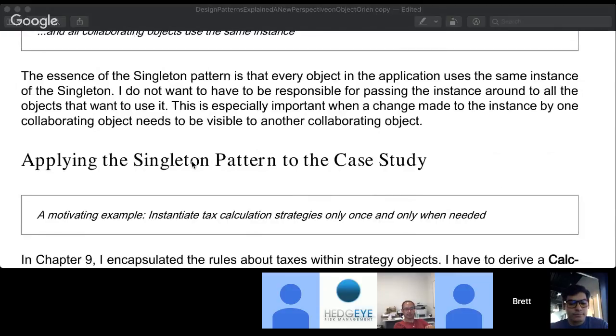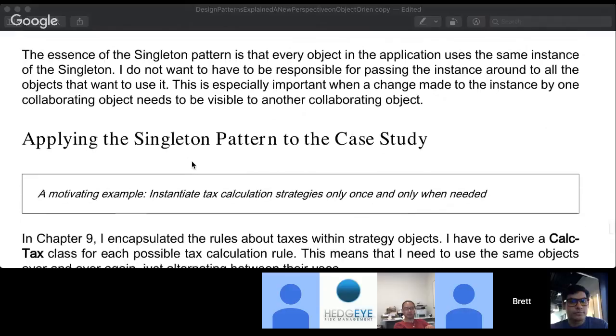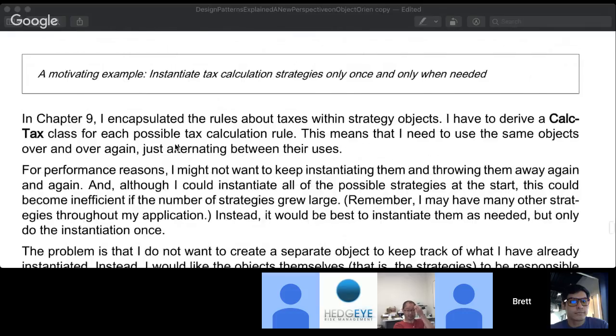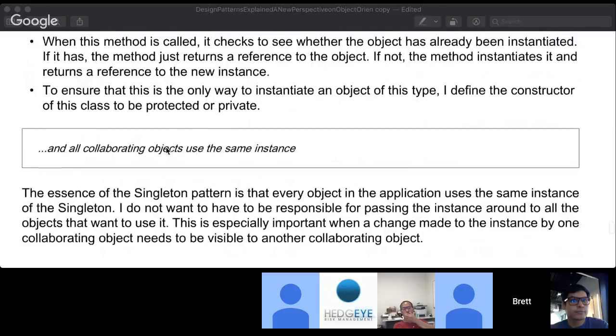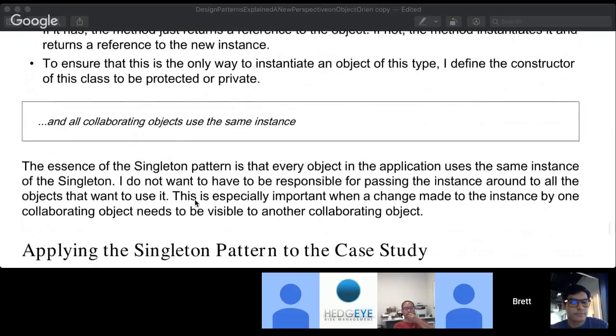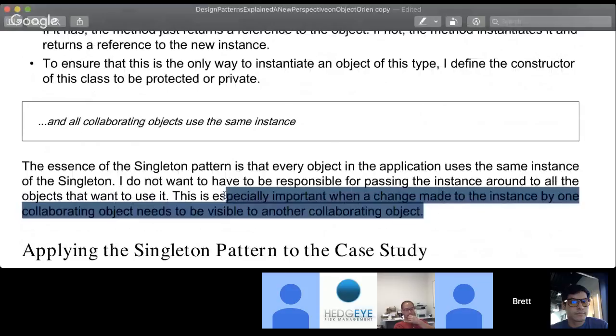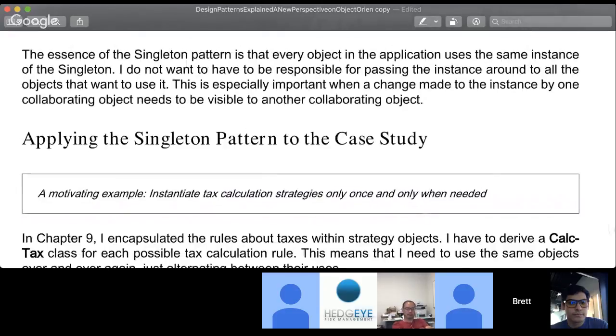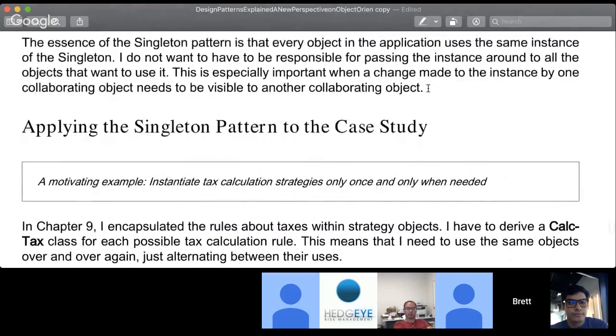One of the most important aspects of this singleton is basically when a change is made to the instance by one collaborating object, the other one needs to be able to see the change. And I figured to myself, there's probably a lot of times where I don't use the singleton and I do it some other way. I guess with web development, it might be different than other types of applications.